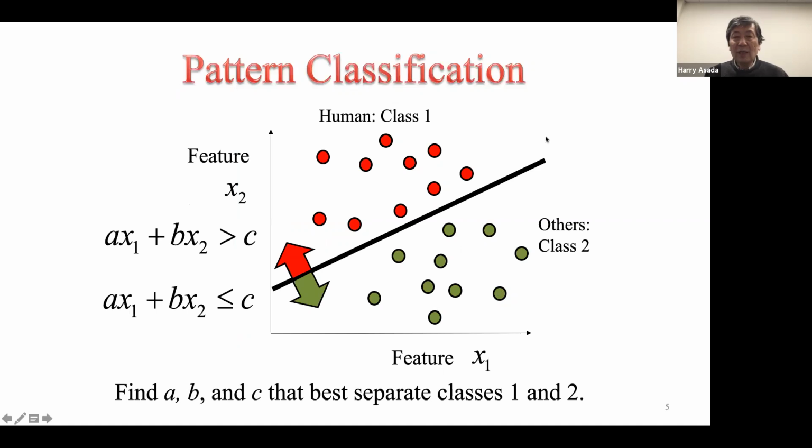Then you need to draw a line to separate class 1 from class 2. Typically we draw a straight line, and if the value is higher than this line, you classify it as class 1. Higher than C and lower than C is the way to classify.